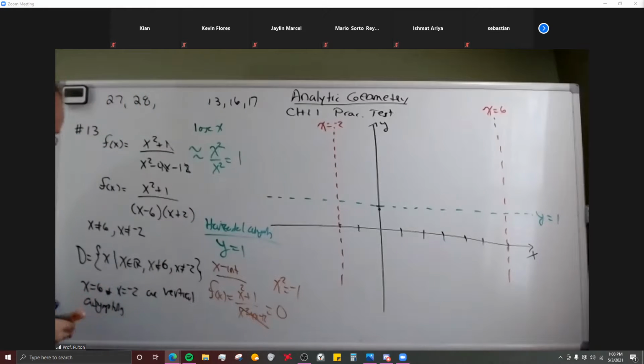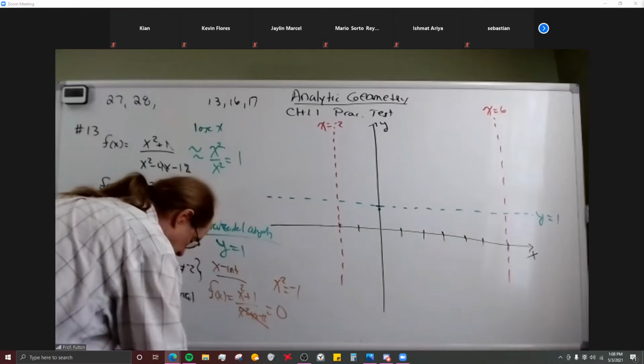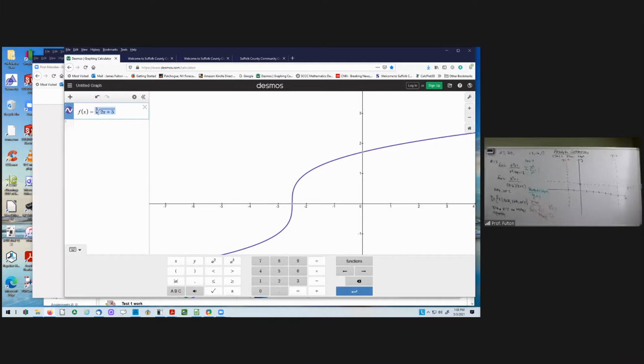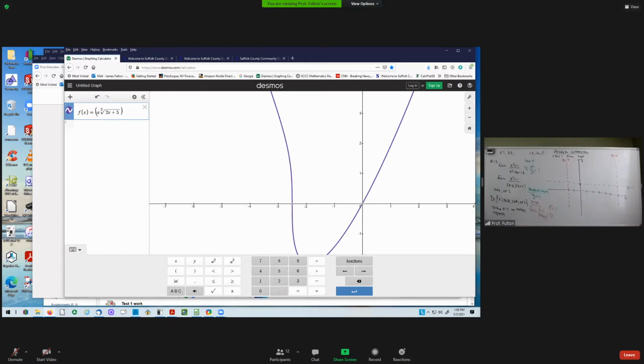So let's see what it's going to do. Let's plug it in. We could plug in a few other points, but let's just go right to the graph. I come right to my Desmos and take a look at what it's going to look like. So f of x is equal to x squared.